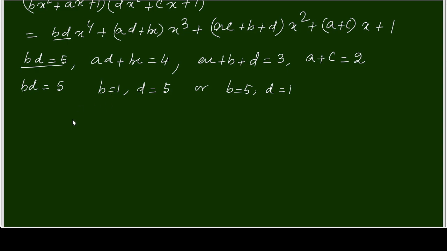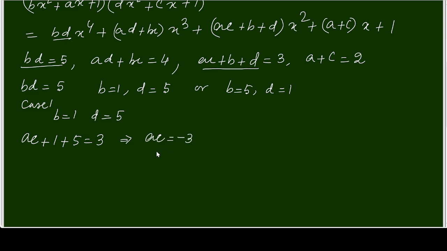Now let's take case 1. b is equal to 1, d is equal to 5. That time, here I can put in the equation ac plus b equals 1 plus d equals 5 equals 3. I'm putting in this equation. This gives us the product ac equals negative 3. Now a plus c equals 2.